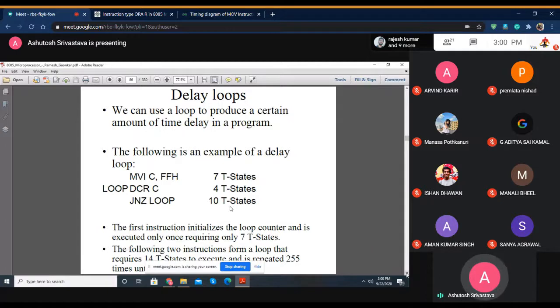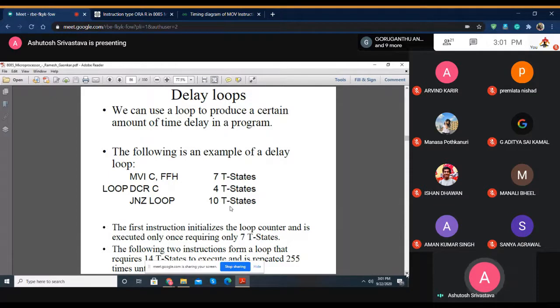So what does the first statement say? It is move immediate. Data FF into C register.